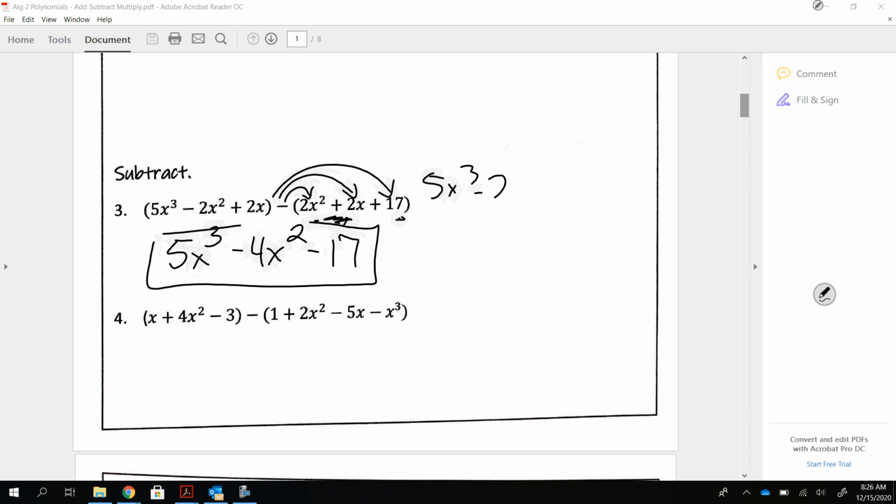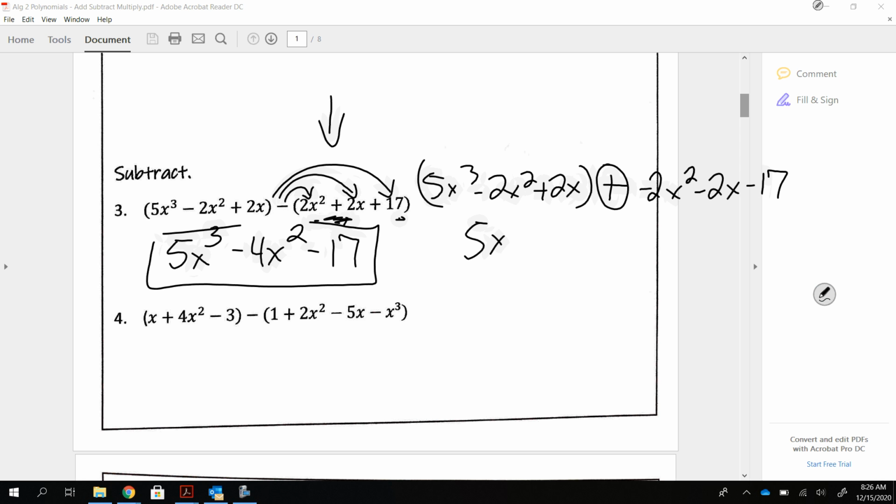5x^3 minus 2x^2 plus 2x, right? Then plus negative 2x^2 minus 2x minus 17. All we did was flip the sign of these three. And then watch this. We combine like terms now because it's addition. So 5x^3 has nothing to combine with.